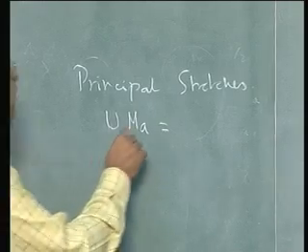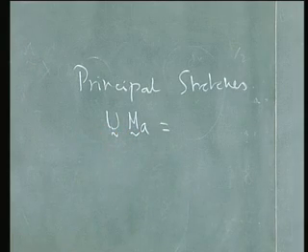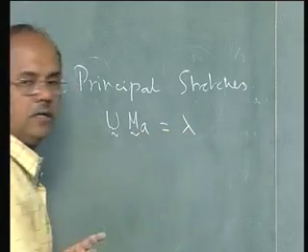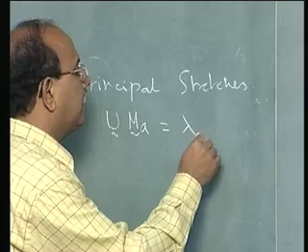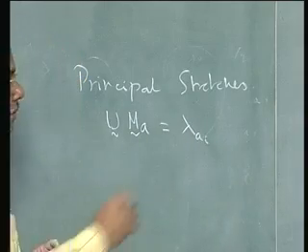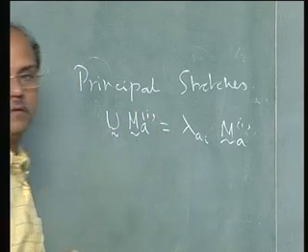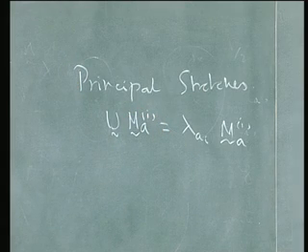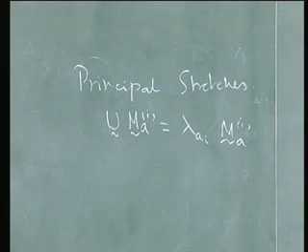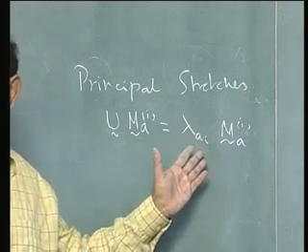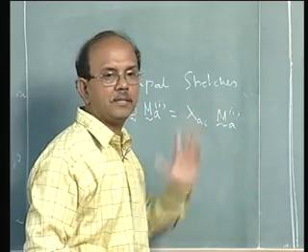So I can define an eigenvalue problem using U, because it is the symmetric second order tensor, U m_i equals lambda_i m_i. This problem gives rise to 3 eigenvalues and 3 eigenvectors, lambda 1, lambda 2, lambda 3, and m1, m2 and m3.